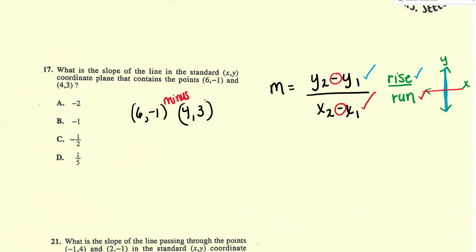So we're going to say 3, because y's are on top, 3 minus a -1. See how that helps? 3 minus a -1. And then 4 minus 6. So when I do that, that gives me 4 on top, -2 on the bottom, and of course we'll reduce, and the answer is A.